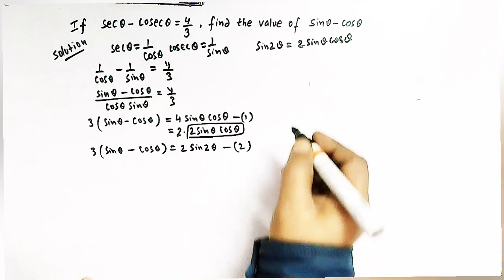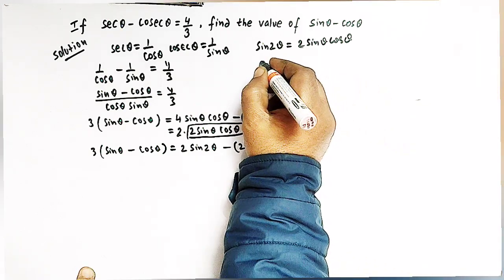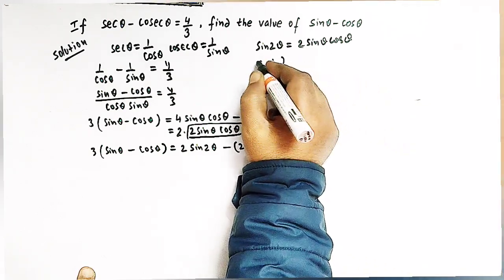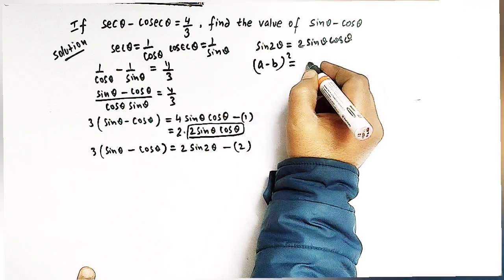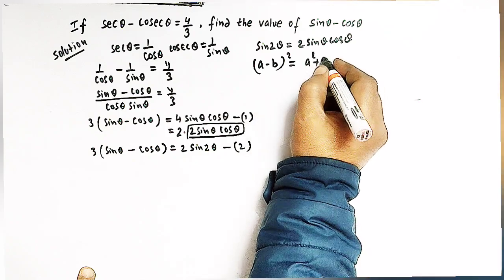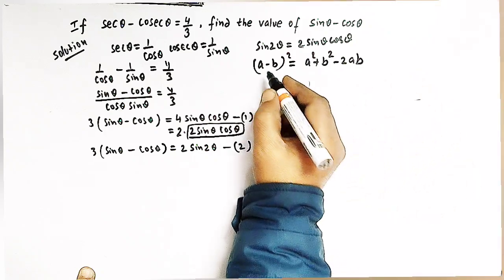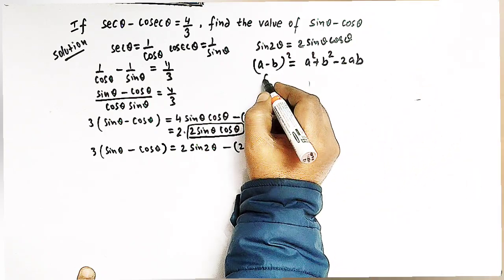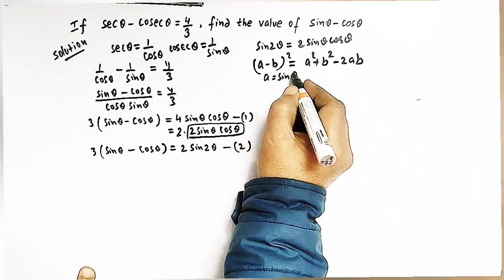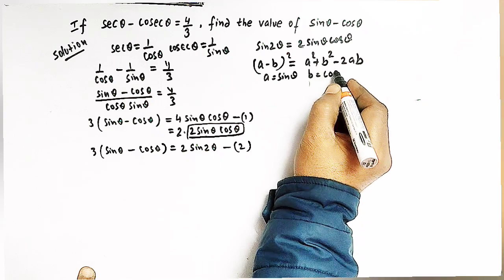Now let us make use of this identity, that is a minus b whole square is given by a square plus b square minus 2ab. Let us replace a by sine theta and b by cosine theta.